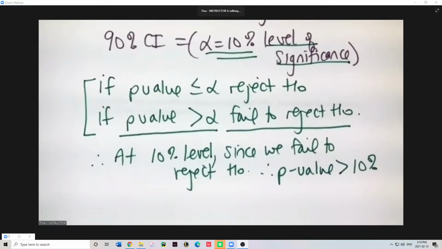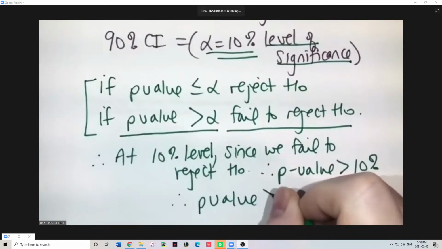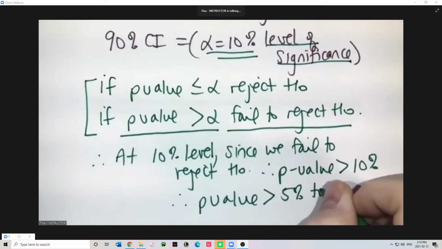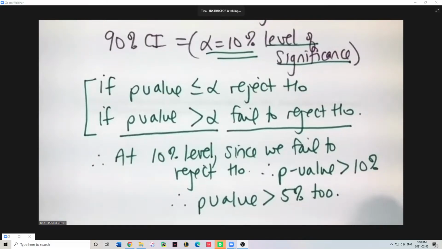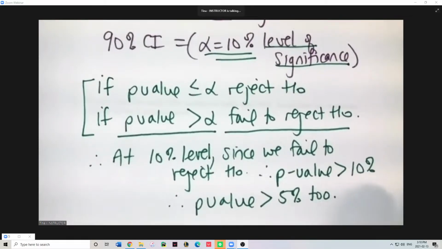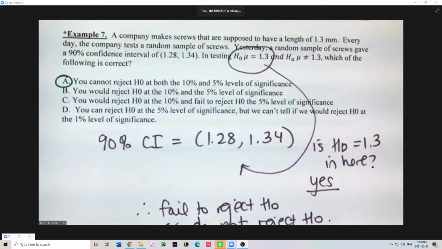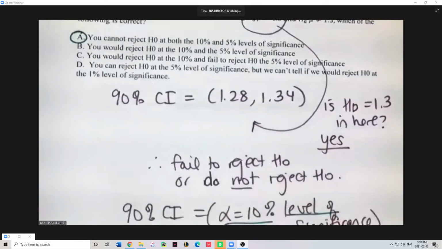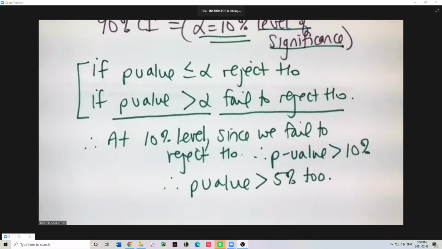Well, if our p-value is greater than 10%, then our p-value would have to be greater than 5% as well. If it's already bigger than 10, then it's greater than 5% too. So our answer would be, we would fail to reject H naught at both the 5 and 10% levels. It would be A. Because if our p-value is already greater than 10, then it's definitely greater than 5. So that would be answer A.